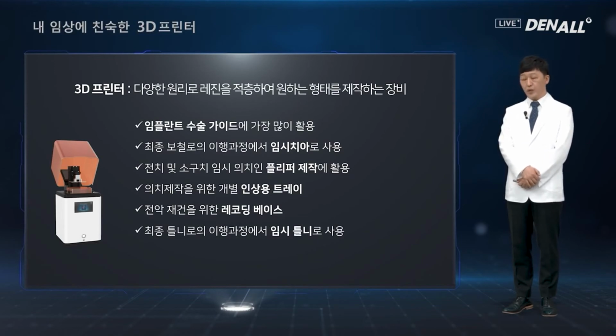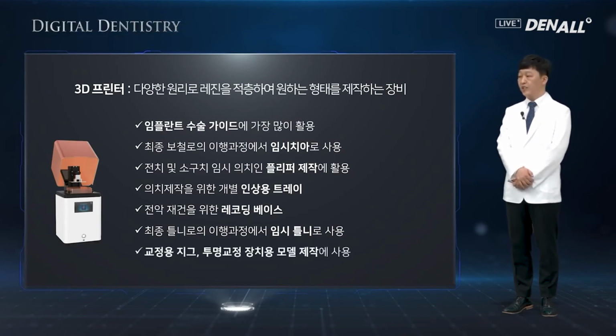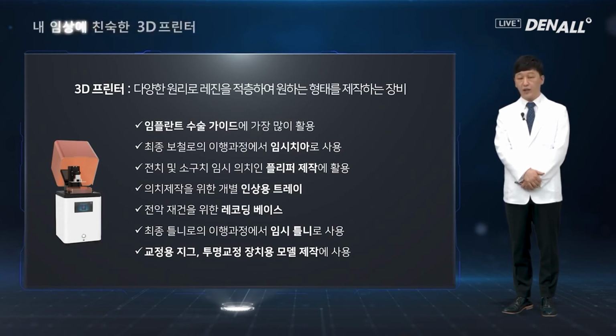Also, a temporary denture can be fabricated before moving on to the final denture. It can also be used to fabricate ortho jigs and a model for clear appliances. It can come in very handy and useful, and it is an essential digital equipment.